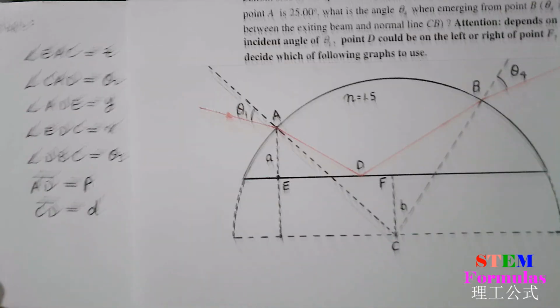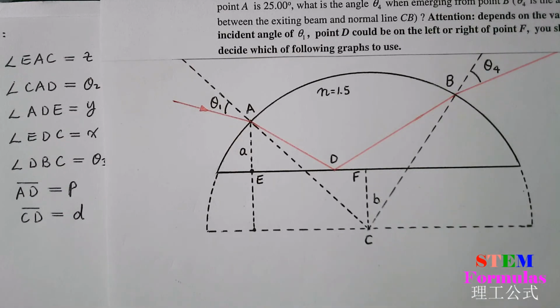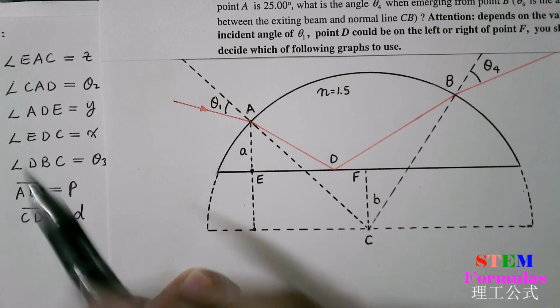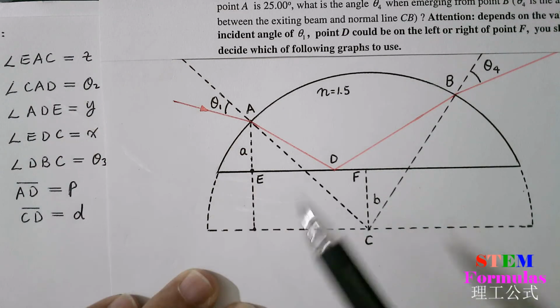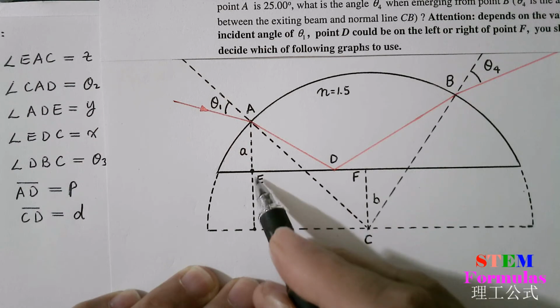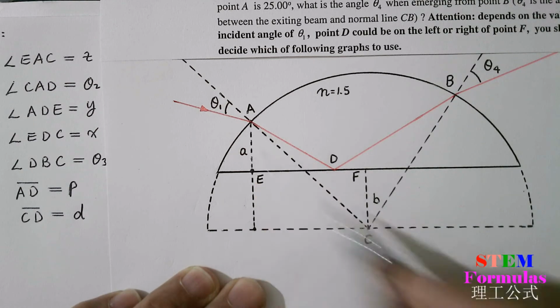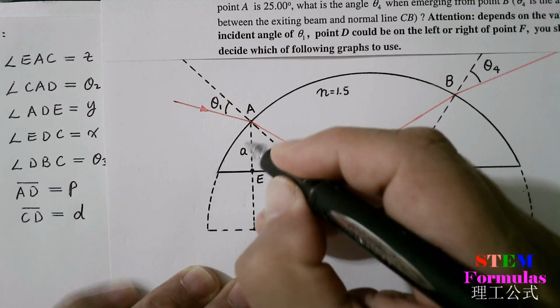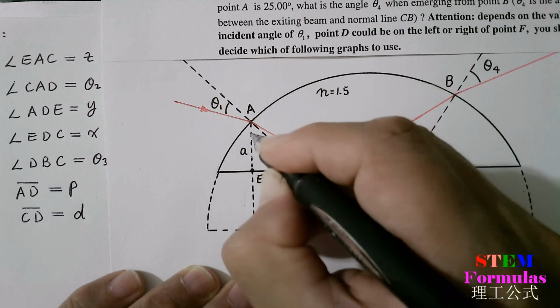So let's label the angles. EAC equals z; this angle is angle z.